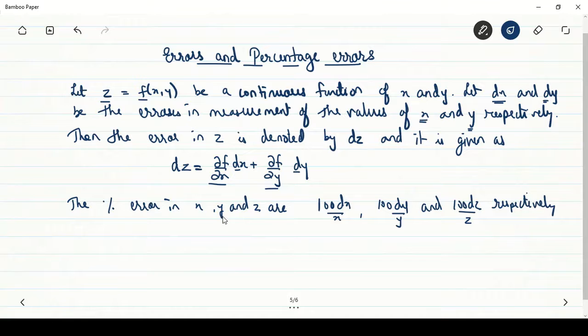The percentage error in x is 100 dx/x, the percentage error in y is 100 dy/y, and the percentage error in z is 100 dz/z. Now we will solve one example to find the percentage error in one variable when it is dependent on two variables and the errors of the two variables are given.